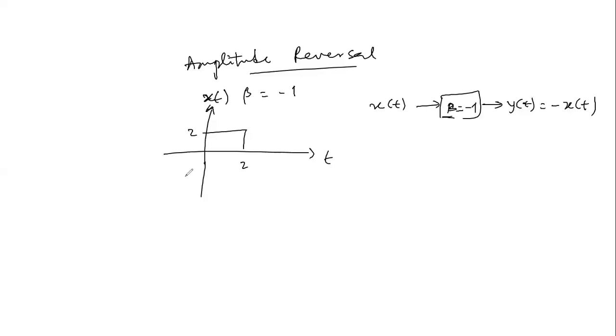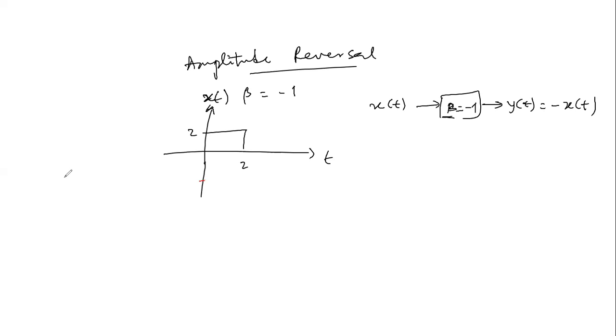So technically, by the time we multiply the amplitude by negative, it's going to give us -2. So it's going to show up somewhere around here, all right? Isn't it? So it means it flips.